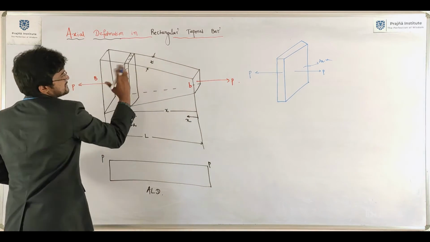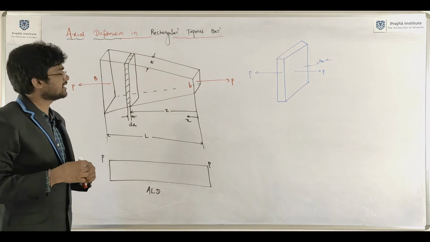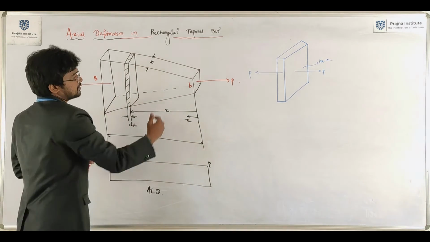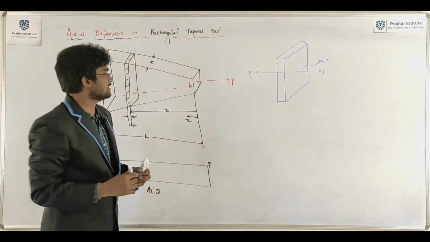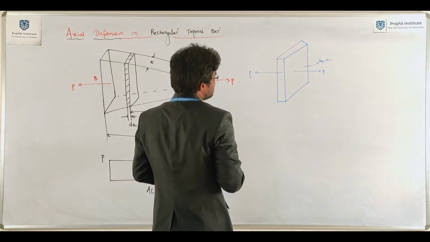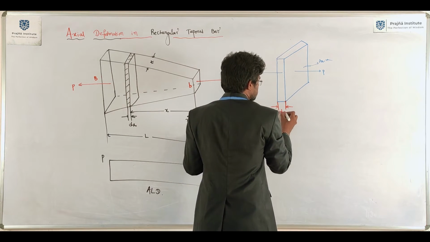You can take pieces now. So each slice is having rectangular cross section, but it's uniformly varying cross section. It is linearly varying. Okay, so E, and the length of the element will be dx.